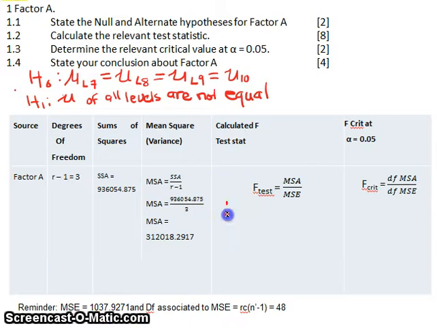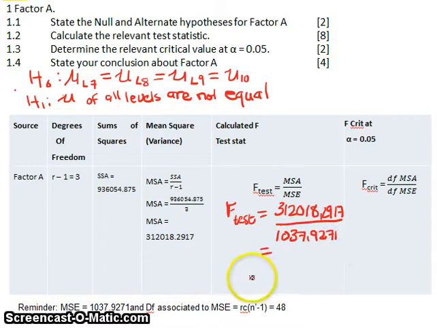So the relevant test statistic, the F stat, would be 312,018.2917 divided by MSE, and MSE is 1037.9271, and that will give us an answer of 300.6168. So the next thing for us to do is to get the critical value.